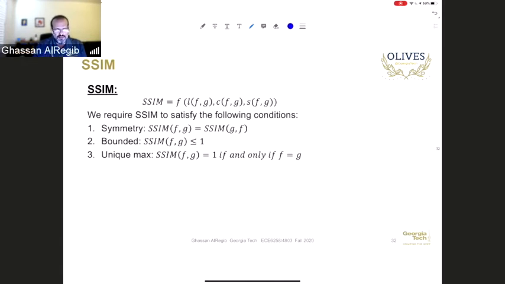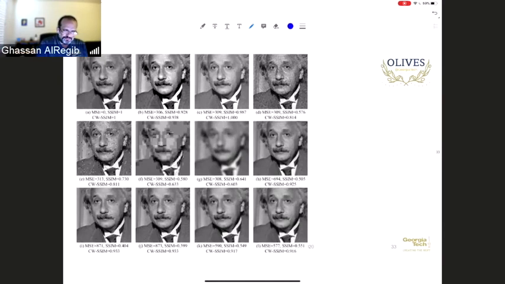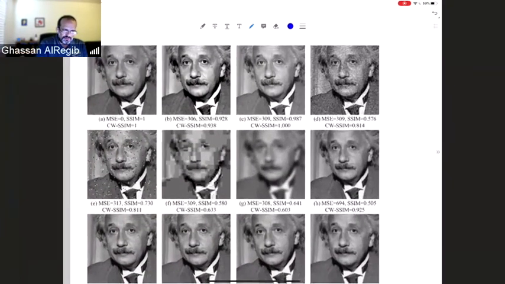And here we have a bounded measure, which is between 0 and 1. So if there is an improvement by 0.2, for example, then you can have some kind of an impression about how much improvement you have in the quality of the image. And of course, in here there is a unique max, and there will only be the value equal to 1 if and only if f is equal to g, that is, they're identical to each other. So back to our, this is from the SSIM paper.